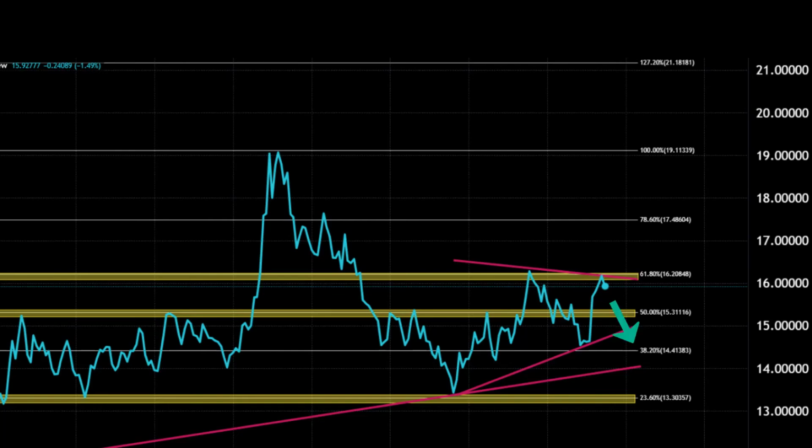Next down stop, the early 15 area, which is that next yellow box line, and then below that into the 38.2 zone around the mid 14s. But really it looks like it's consolidating, squeezing down within that two pink line trend pattern, and maybe we'll see an explosion, a breakout in either direction pretty soon.